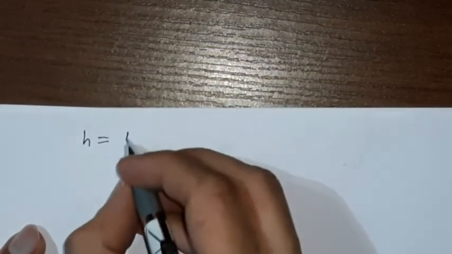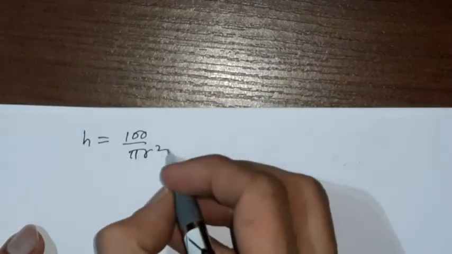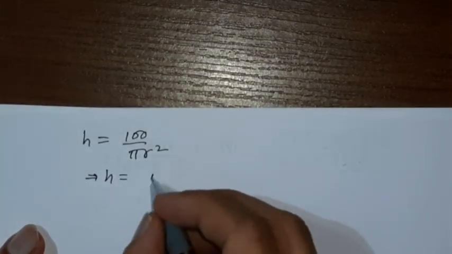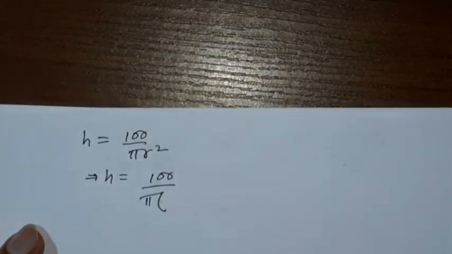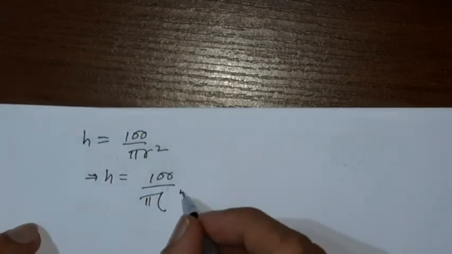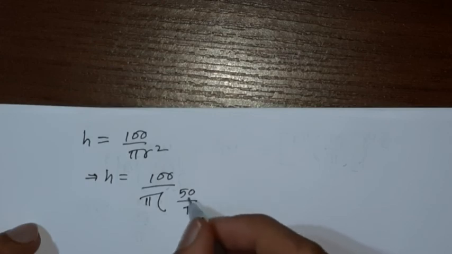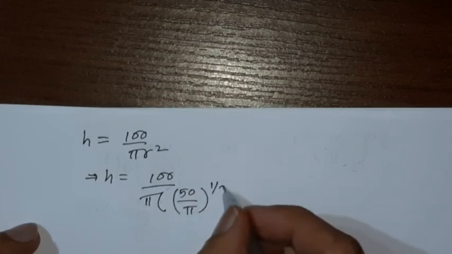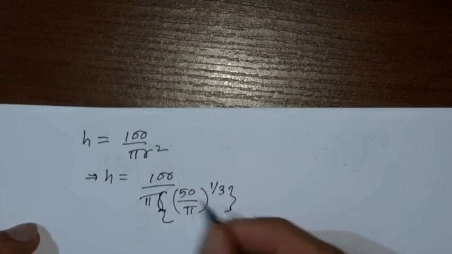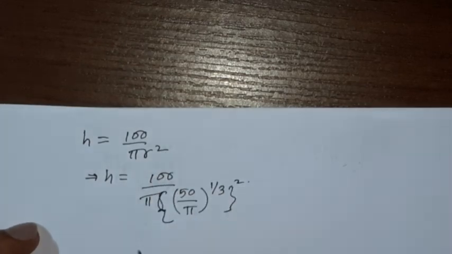So h is equal to 100 by pi r square. R is 50 by pi raised to 1 by 3, and this is squared here.